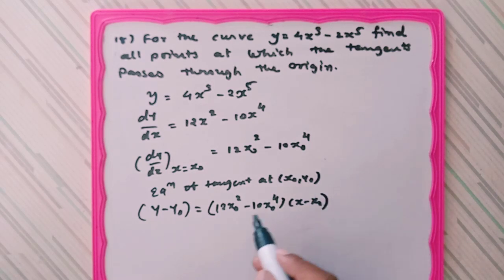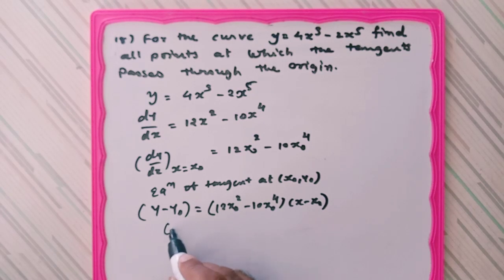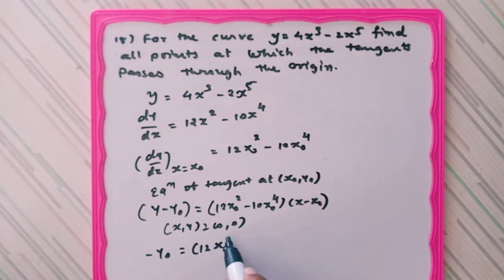This tangent is passing through (0, 0), so we substitute x, y equals 0, 0 here, and minus y0 equals 12x0 square minus 10x0 raised to 4 into minus x0.